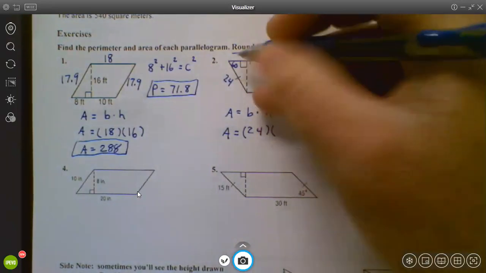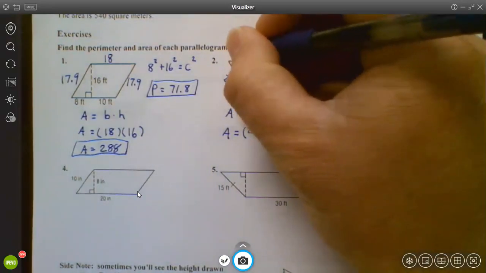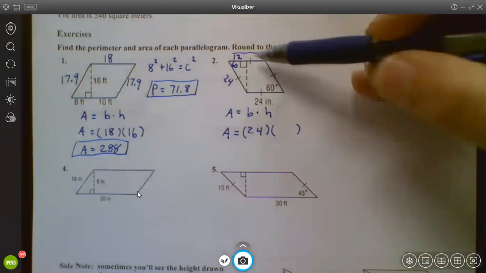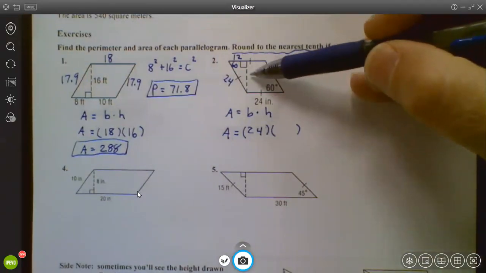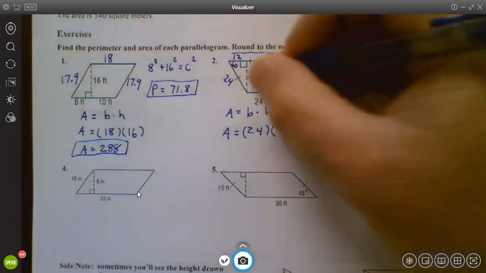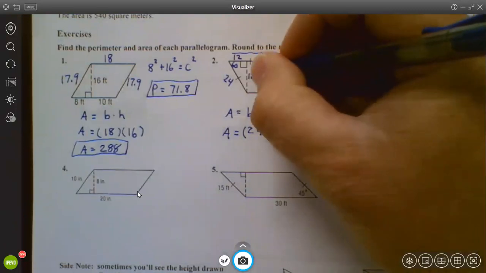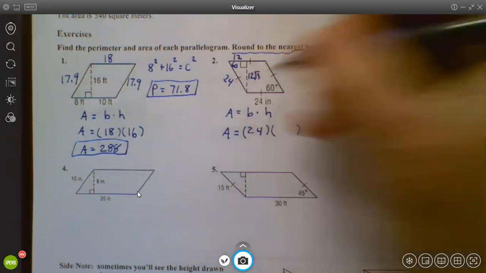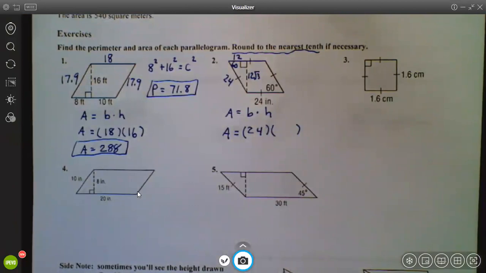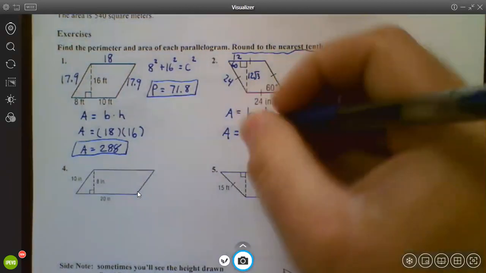So if you did 24 divided by 2, you get the short leg. How do we go from short leg to long leg? Square root 3. And again, I did put these patterns on the last page of your notes, so if you ever need to look back on them, they're back there for you. So our height is 12 radical 3.